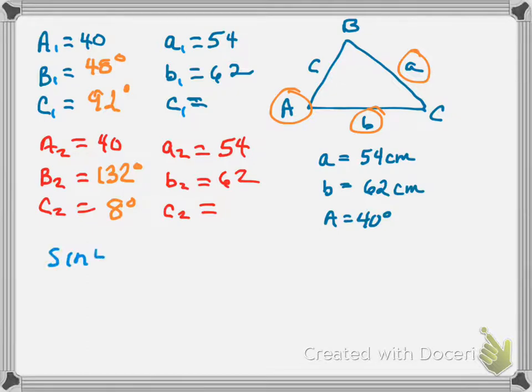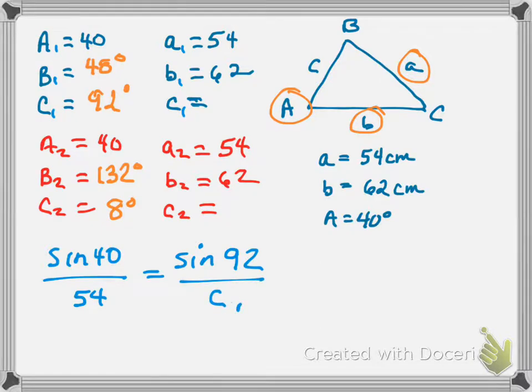Sine of 40 over 54 is equal to the sine of angle C, which is 92, over C1, which is what I'm trying to figure out. Multiply these together, divide by sine 40, and you'll have your answer for C1. C1 comes out to be 84 degrees.